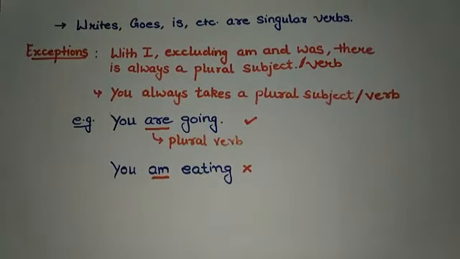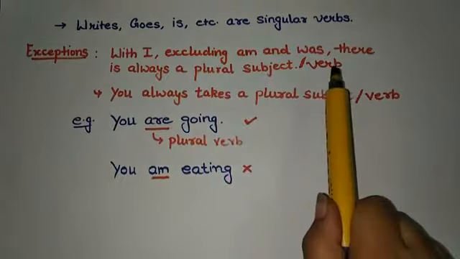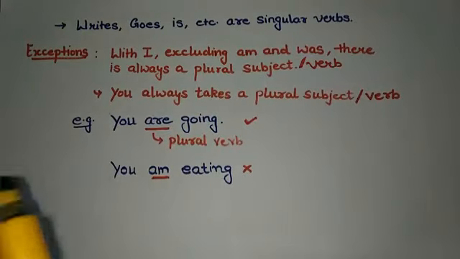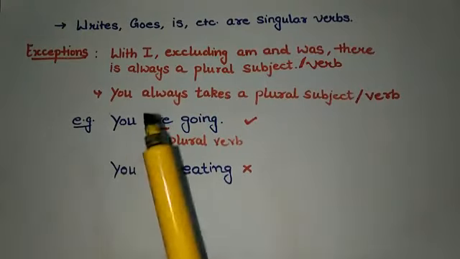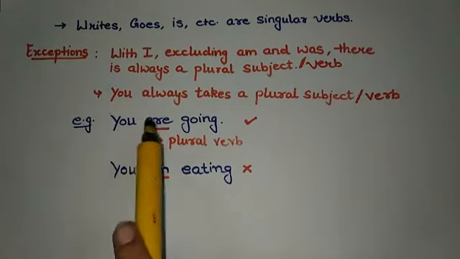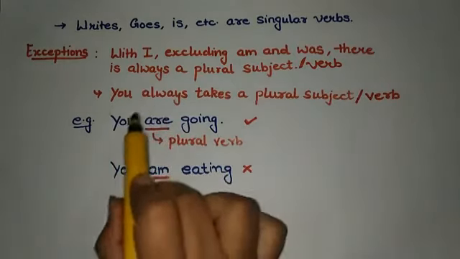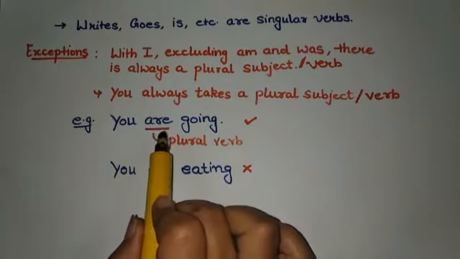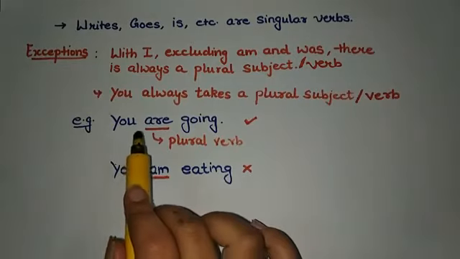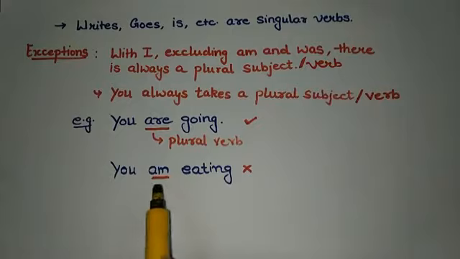I. With I, excluding am and was, there is always a plural verb. And you always takes a plural verb. Like if I say you are going, the sentence is correct because with you we always use a plural verb. That's why we always use are with you, not you am eating.